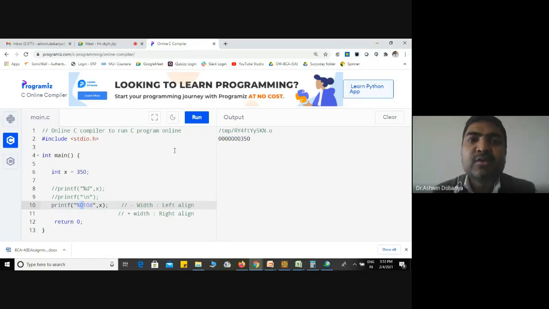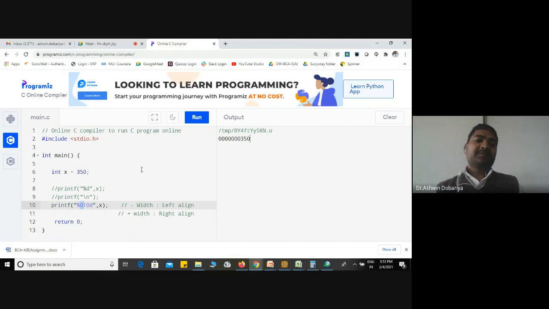I think you also observe this kind of thing on a check and DD. Whenever you take a check or DD from the bank, before the amount they mention this kind of 000. So what is the meaning of that?